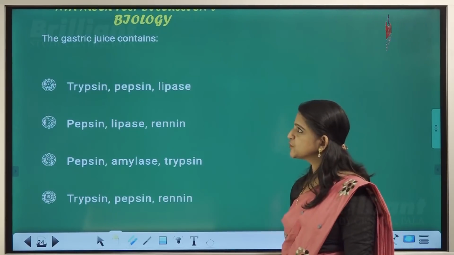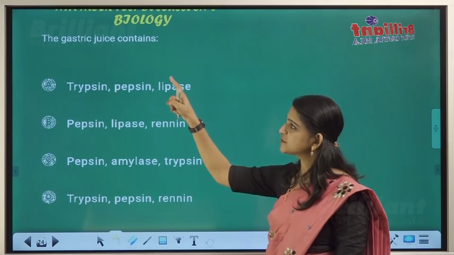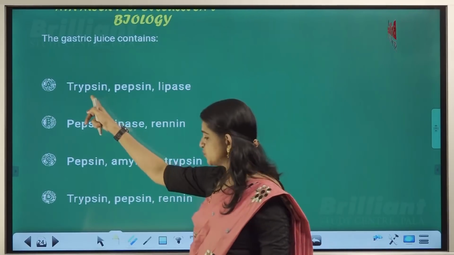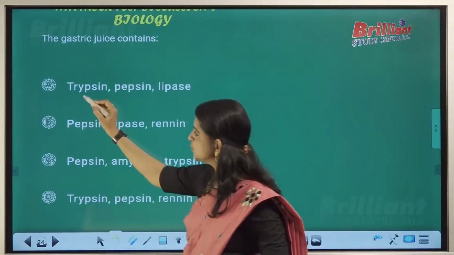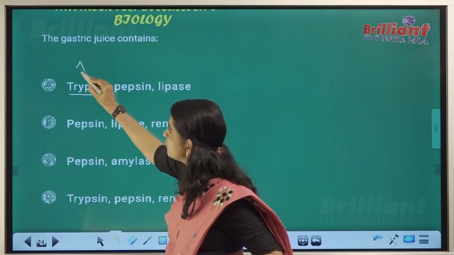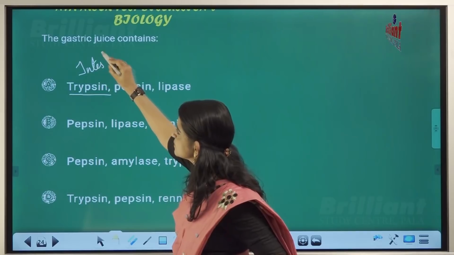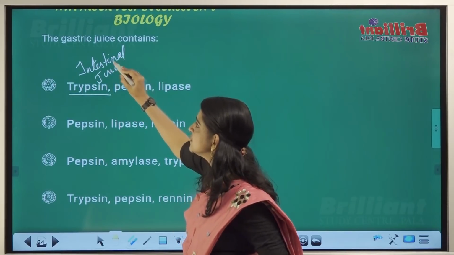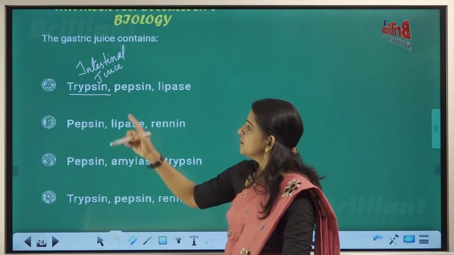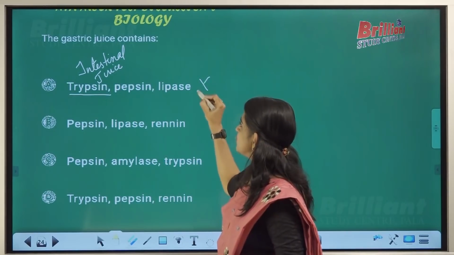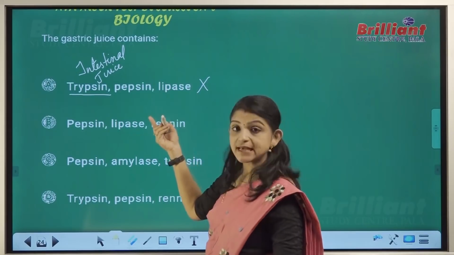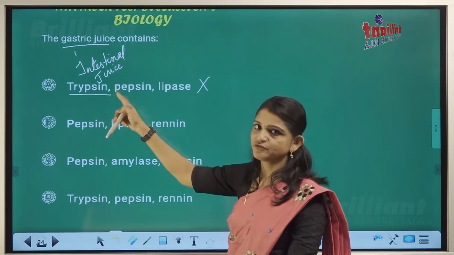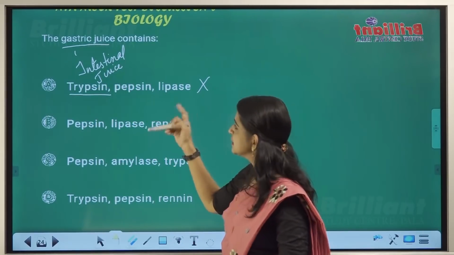The gastric juice contains. Gastric juice means juice from the stomach. Let us look into the options. First one, trypsin. Trypsin is part of intestinal juice. It is a protein digesting enzyme present in intestinal juice. We cannot select this as the answer because they are asking for gastric juice, so I cut this option.